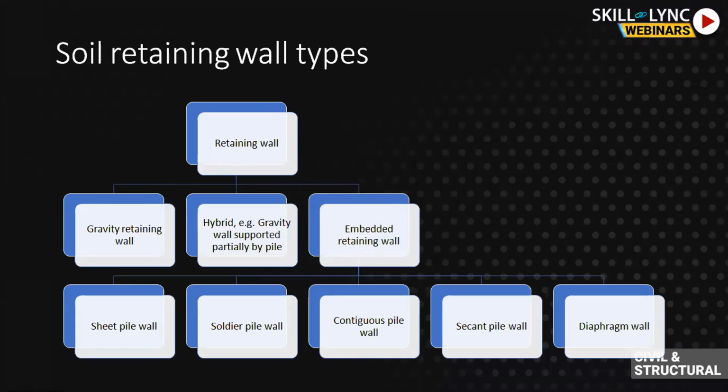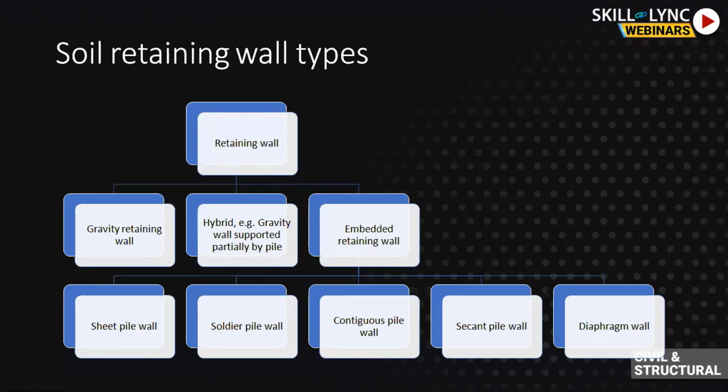The same retaining wall supported by piles is called a hybrid retaining wall, and the third one is the embedded retaining wall. We are going to discuss these embedded retaining walls in general because these are the structures which are most common and also used in current infrastructure projects for the facility of underground constructions.